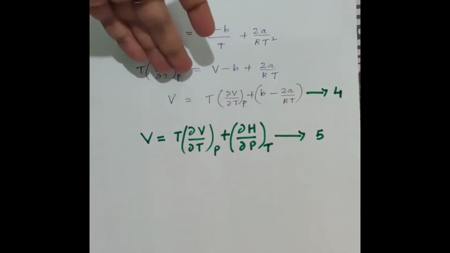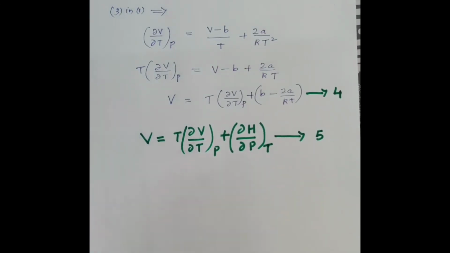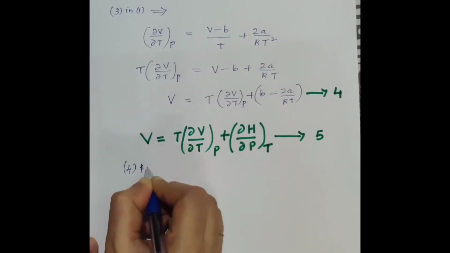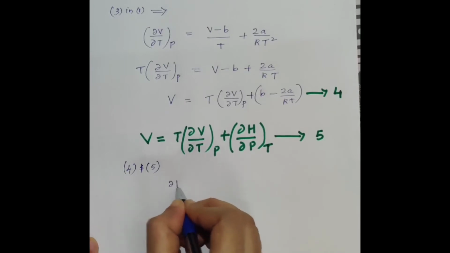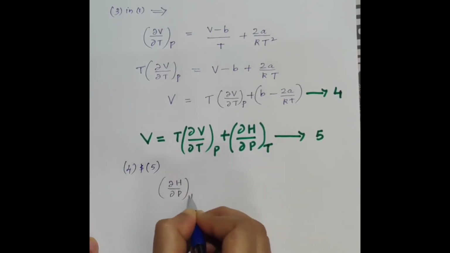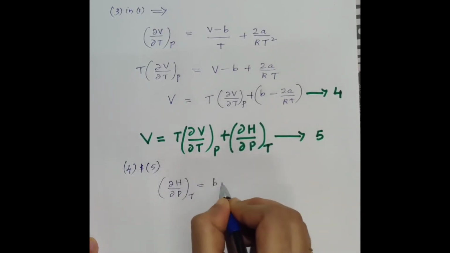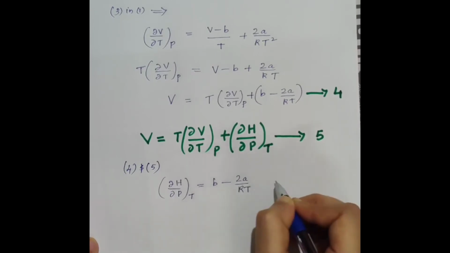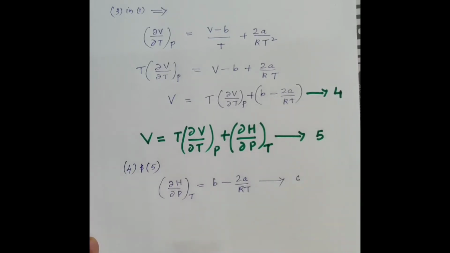Comparing this equation with the standard equation, from equations 4 and 5 we have (∂H/∂P)_T = b − 2a/RT. We can call this equation number 6.